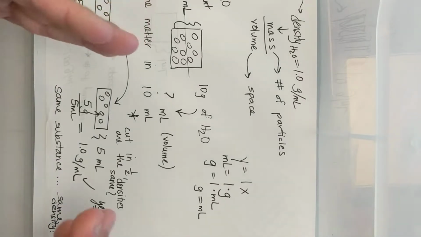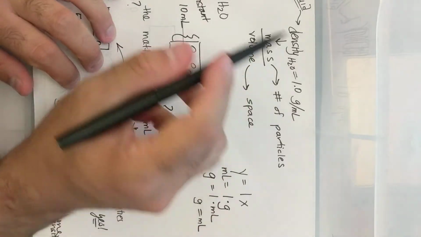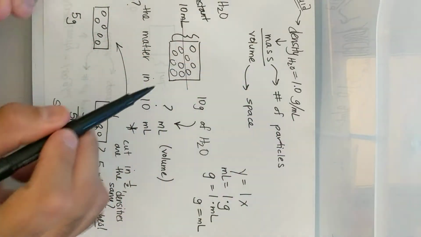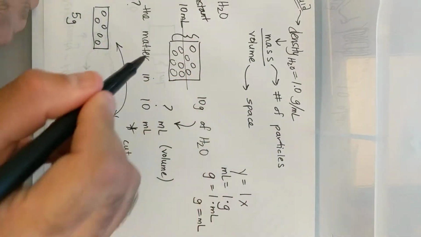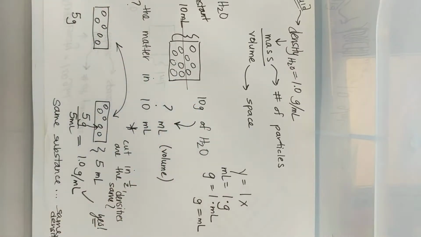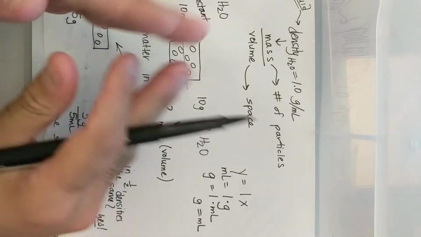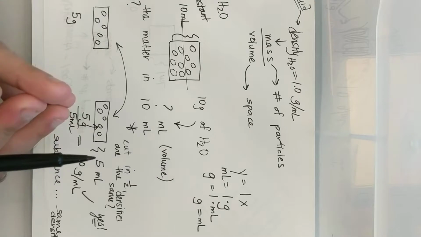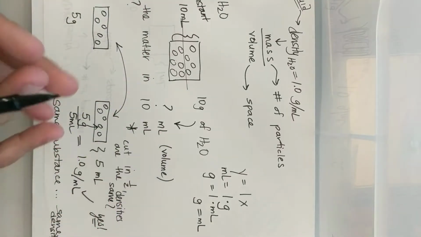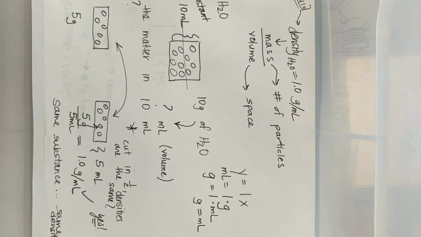So, quick recap of this whole thing. Remember, density is a mass per unit volume. The way that I represent mass is the number of particles I put in here. The way that I represent volume is the space that it takes up. And sometimes I could change the space, or sometimes I could change the number of particles.